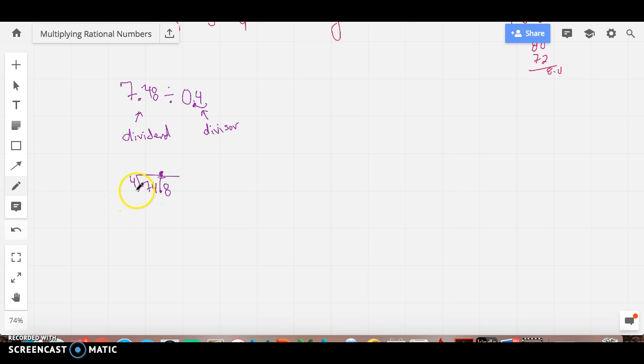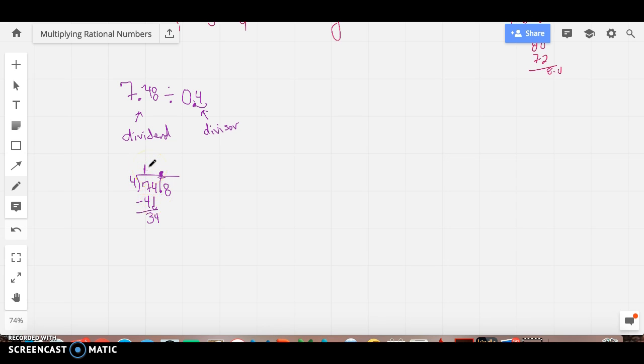How many times does 4 go into 74? Or how many times does 4 go into 7? Let's start with that, in case you don't know 4 into 74. One time. I multiply. 1 times 4 is 4. I subtract. I bring down. Then I ask myself, how many times does 4 go into 34?